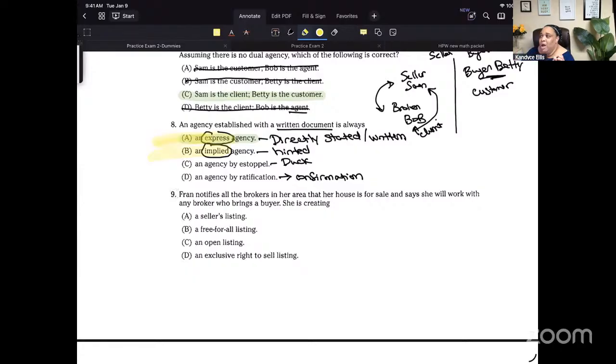You can have it in contracts. It's express and implied. And we talk about expressly giving an easement, or an easement by implication, an implied easement. So you see those words a lot. We need to make sure we know them. All right. Unless we have any other questions, let's move on.